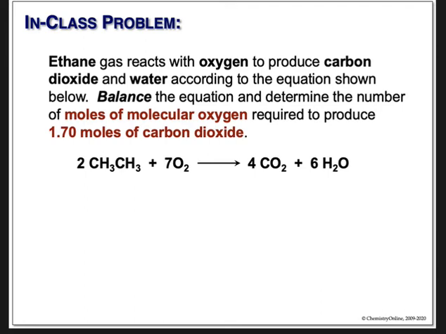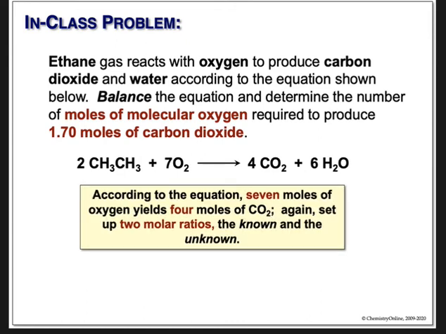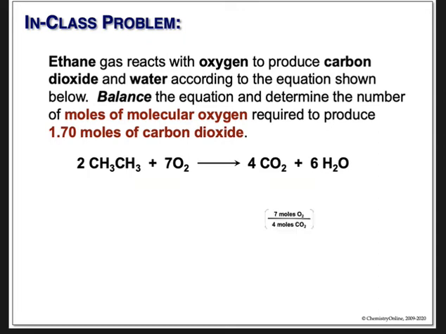Our ratio is therefore going to be 7 oxygens to 4 CO2s. 7 moles of oxygen, 4 moles of CO2. So let's set it up. There's our ratio.